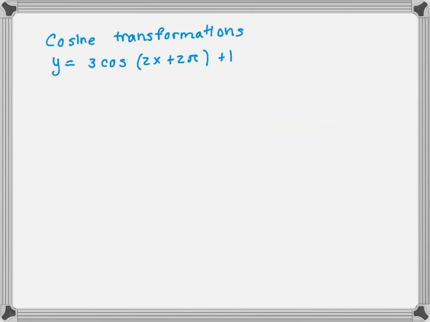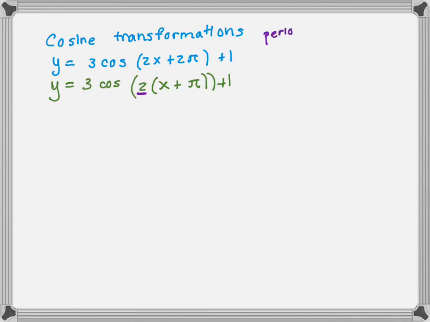So moving on to our cosine transformation, we're going to need to rewrite this one like the last one. So we have y equals 3 cosine, and then we need to pull out a 2 to get our k. 2 times x plus pi plus 1. So we know that our k is going to be 2.